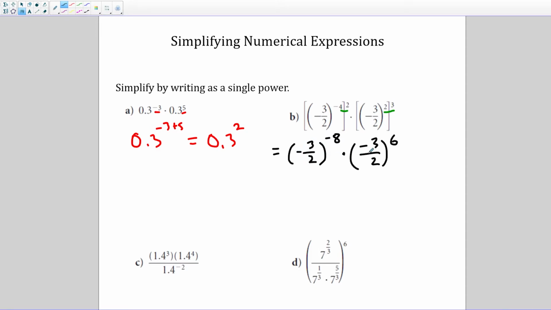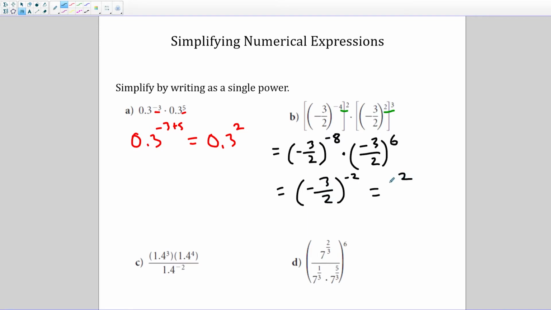Now, since I'm multiplying powers with the same base, the base is -3 over 2, I'm going to add my two exponents. So -8 plus 6 gives me a result of -3 over 2 raised to the power of -2. Using my little trick from a few slides back, because I know I'm working with a fraction inside of the brackets and a negative exponent on the outside, I can rewrite this by flipping the top and the bottom, my numerator and denominator.